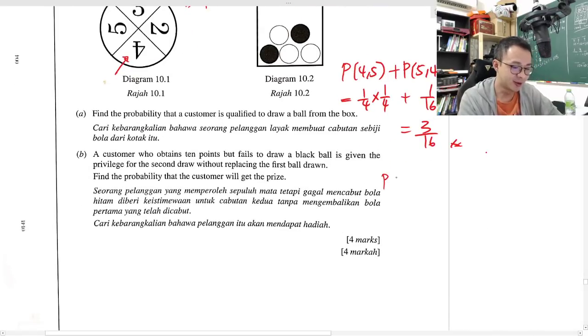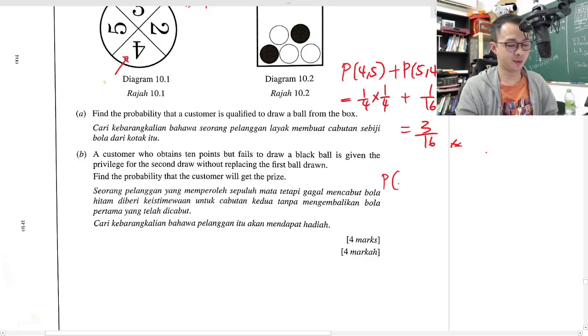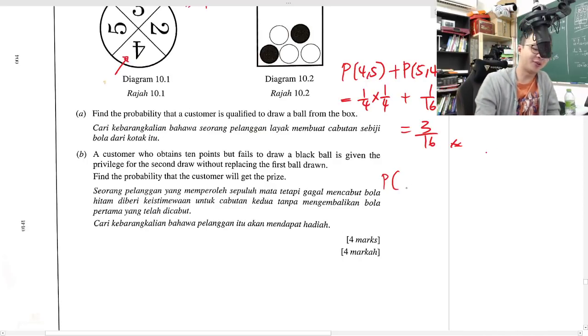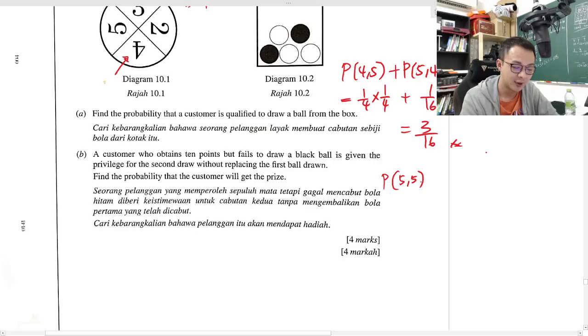Okay, so the first time we are qualified. If you get 5-5, you get a chance to draw. Let's do it like this. If I get a 5-5, I will draw one ball. Maybe with the first ball I will get a prize.